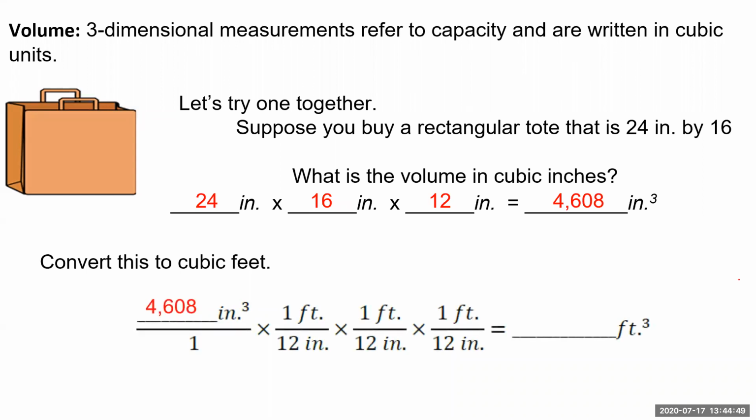Now, if you have to change that into cubic feet, if you look at the formula sheet, we know that 1 foot is 12 inches. So because we are dealing with a cubic unit, you multiply that 3 times, going by the factor label method, and that should give you 2.7 cubic feet.